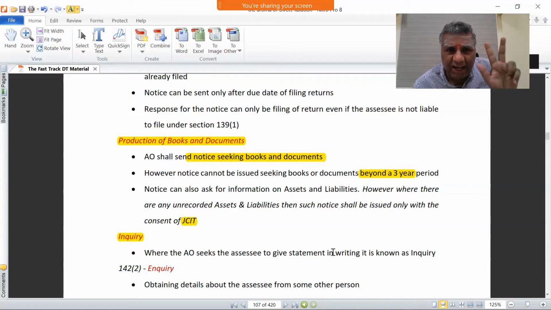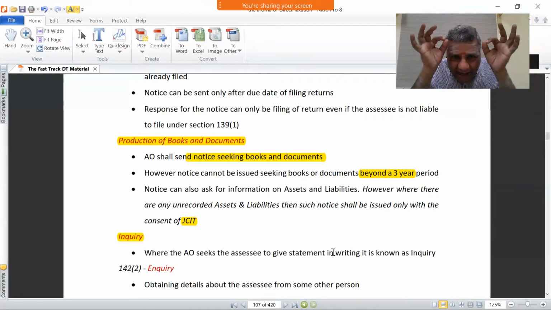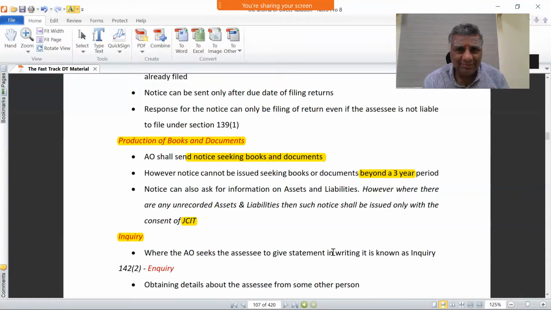There are 3 internal assessment processes. What are they? Asking you to file your return if you have not already filed, asking you to produce books and documents, asking you to give the statement in writing.